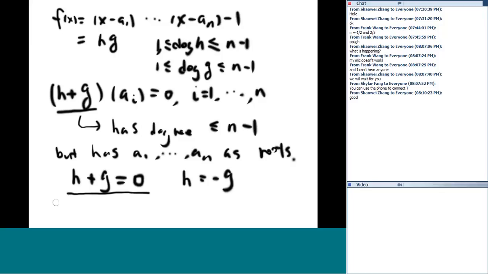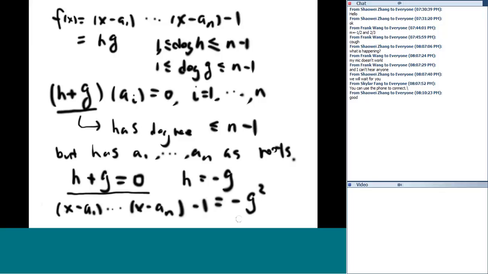So that means, sorry, not saying f, I'm saying that way: (x minus a1) through (x minus an) minus 1 equals h squared, that is minus g squared, right?